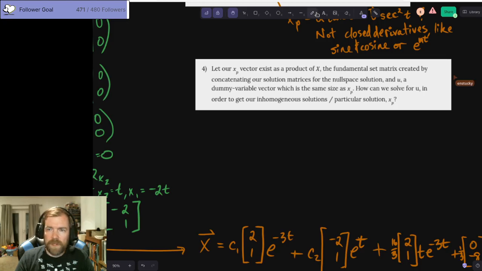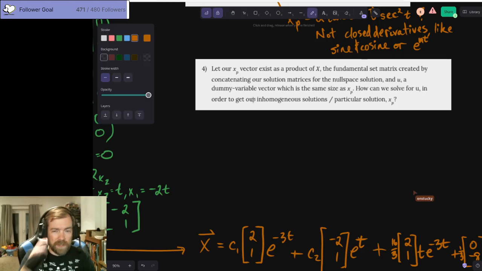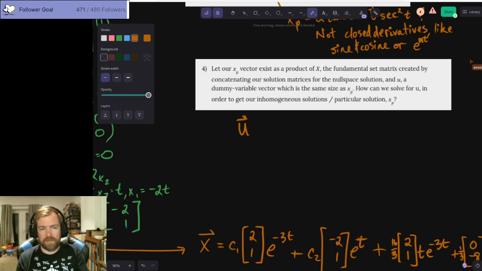And then multiply that by u, which is going to be a dummy variable vector. It's the same, like I said, as our diagonalization of matrices, where instead of multiplying by y, some other fake variable that we're using for a few moments.